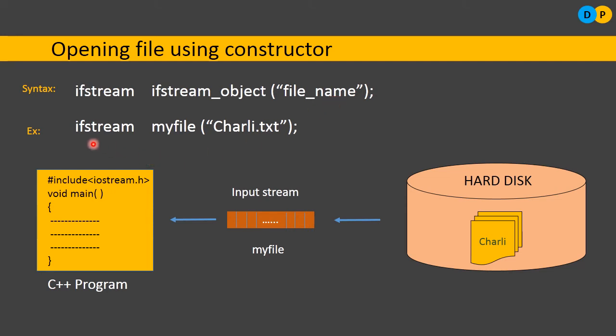Here in the example, the ifstream is referred to by the name myfile. Myfile is the object for this particular stream, and using this object I can read contents from the file Charlie. So the same operation we were doing for outputting will be performed for inputting.